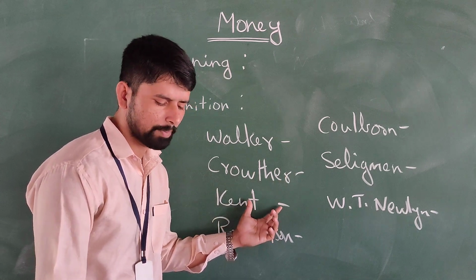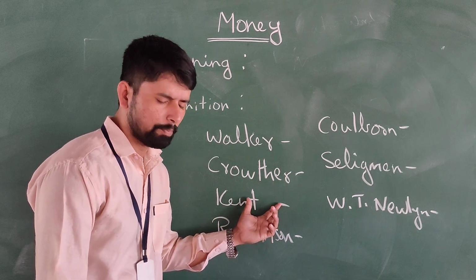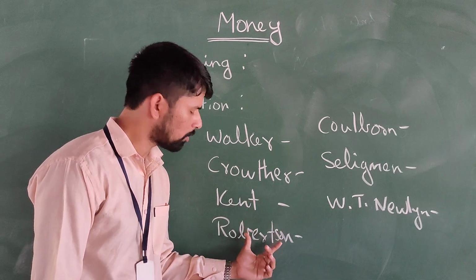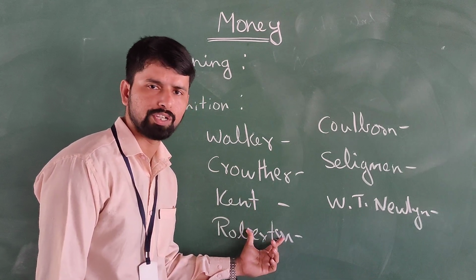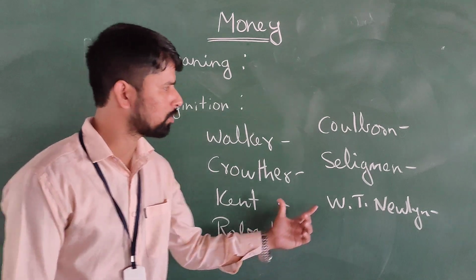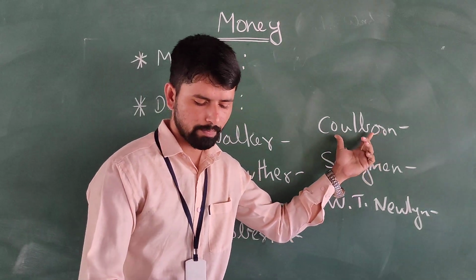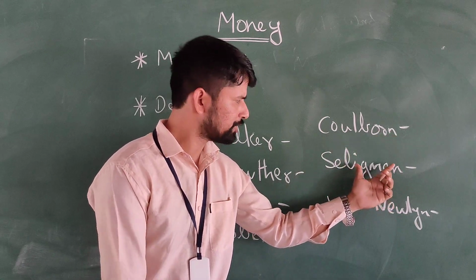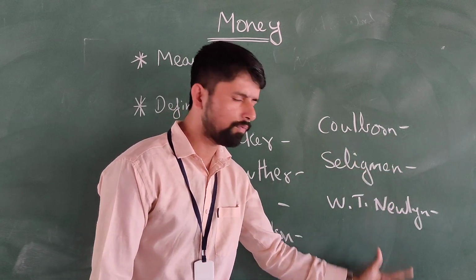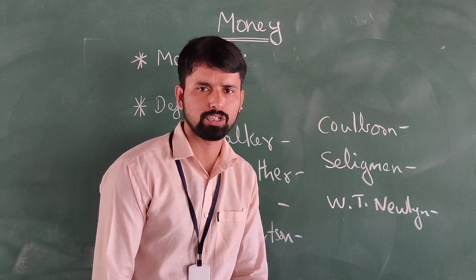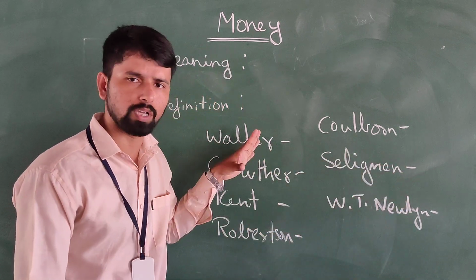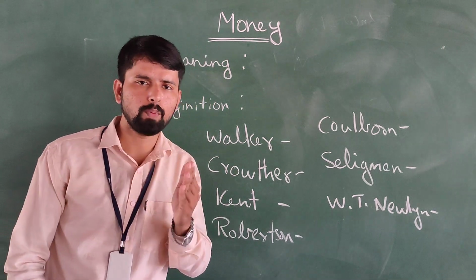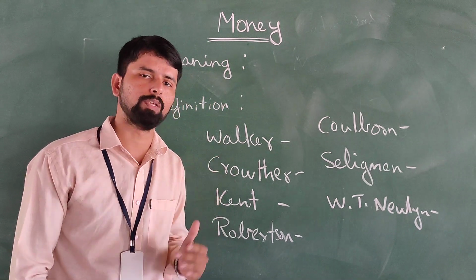Kent says that money is the medium of exchange and store of value. Robertson says business obligations and medium of exchange. Colburn says valuation and repayment. Seligman says general acceptability, and Nebelin used the term medium of exchange. So all these terms explain to us the functions, the scope or the act of money.